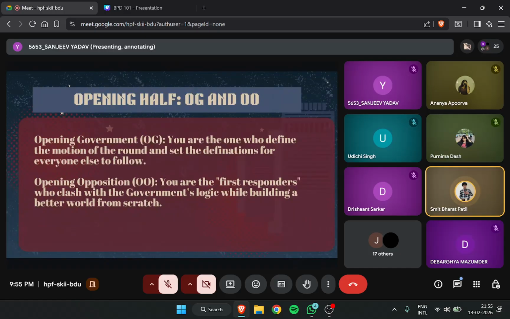So in both the benches, you need to make sure that you analyze the motion in such a way and give speeches in such a way that from 0 to 1 your whole motion is covered, all your points are clear, and then it is very difficult for closing benches to bring in new points. And when they are not able to bring in new points and they are just extending your own points.